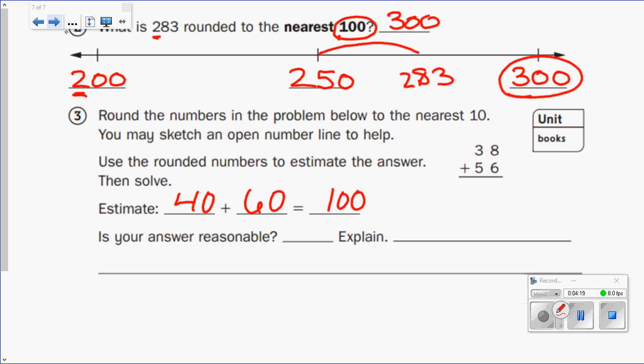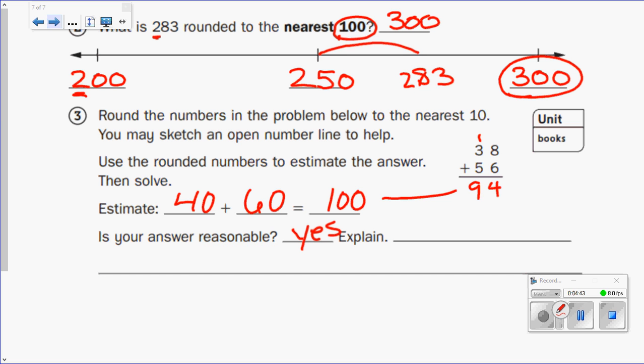Okay, and you can use any strategy that you want here, but I'm going to just use the regular one. 8 plus 6 is 14. I'm going to bring over that 10. 5 plus 3 is 8, plus 1 more is 94. So my actual answer is 94. I estimated at 100. So yes, my answer would be reasonable, okay?